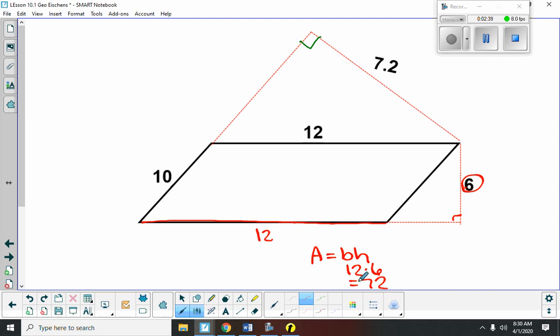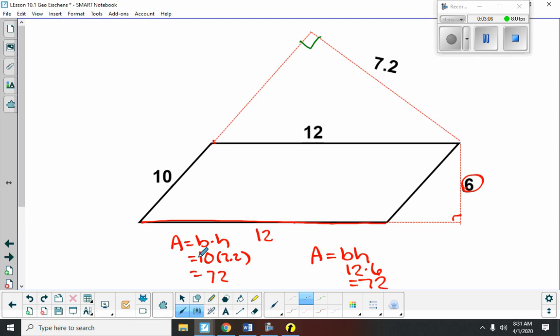Now let's say that I used this as a base. So if this is the base times height, I'd put 10 in for the base. But the perpendicular distance from this side to this side would be 7.2. And again, you get 72. So either way, it works out.